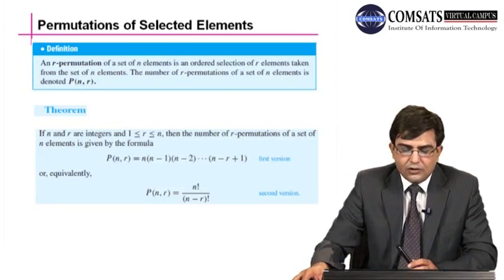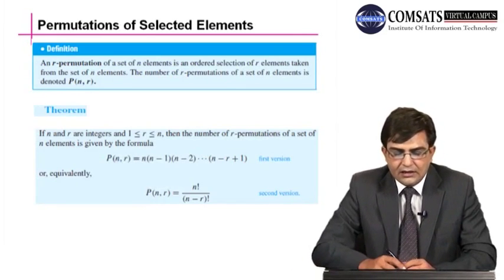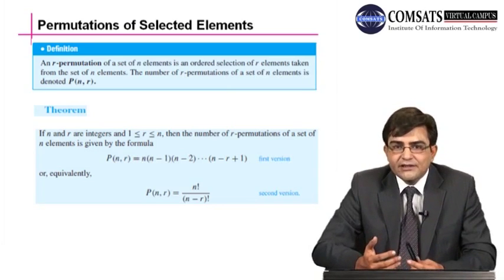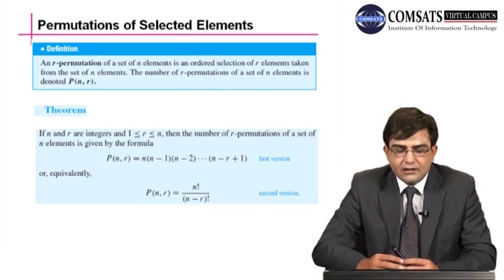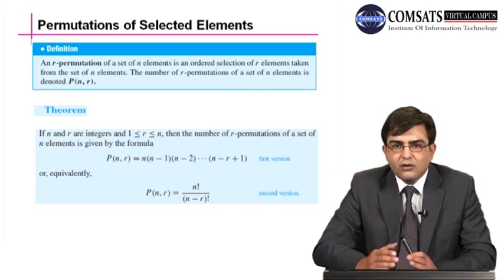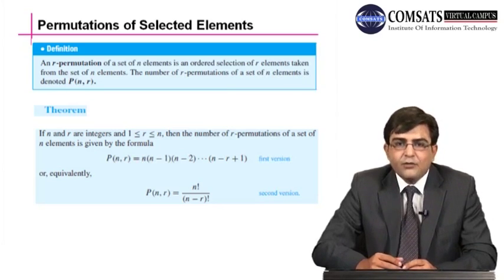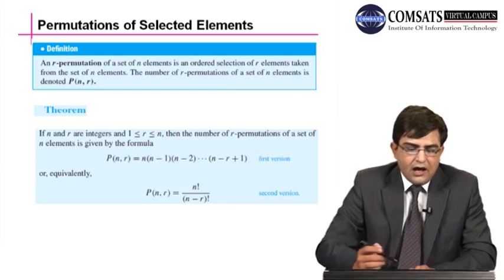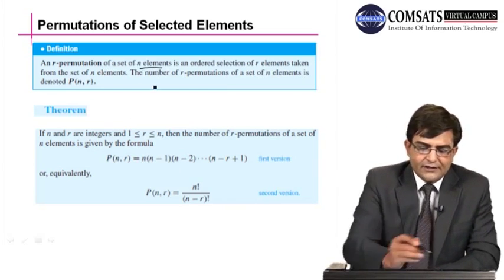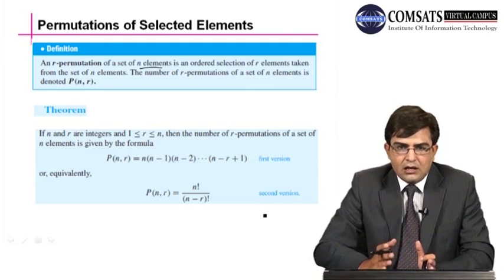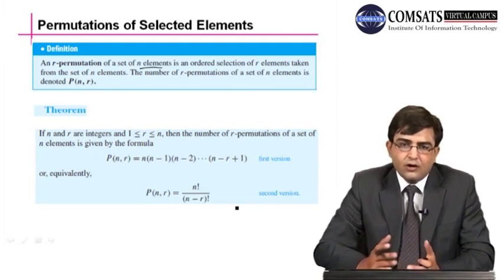Now we are going to discuss, from a set which contains n elements, how to calculate the number of permutations of r elements out of n. Then how can we deal with such type of problems? An r permutation of a set of n elements, that is, out of n elements of a set, we have to calculate arrangements of r elements.